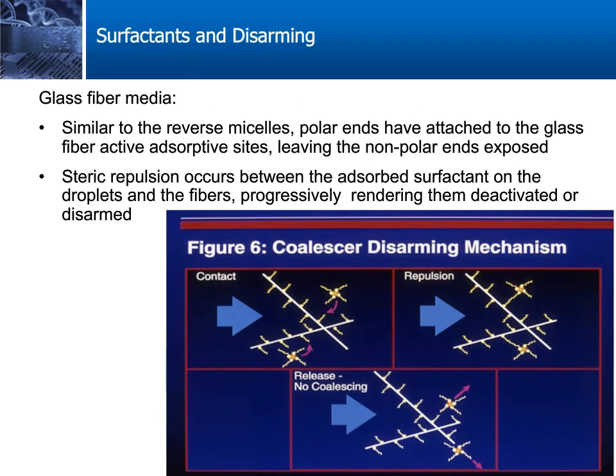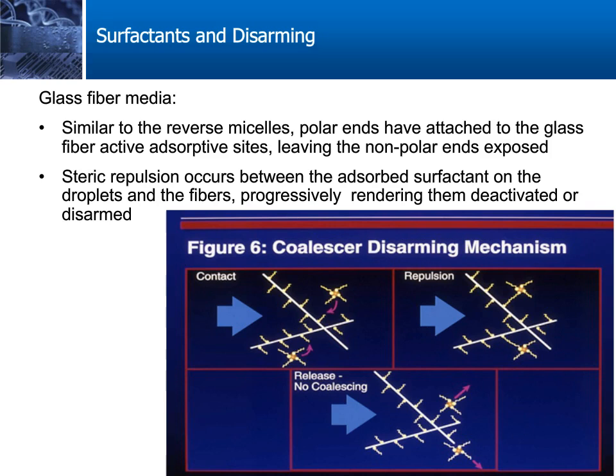It's interesting to examine surfactants and the impact they have on a phenomenon known as disarming, something seen on glass fiber media, one of the legacy approaches to liquid-liquid coalescing. What we have happening is similar to the reverse micelles.